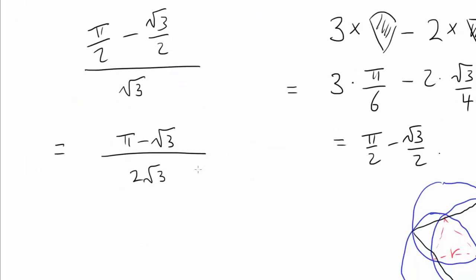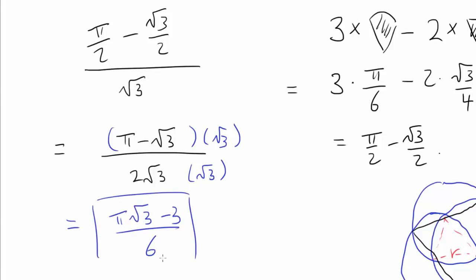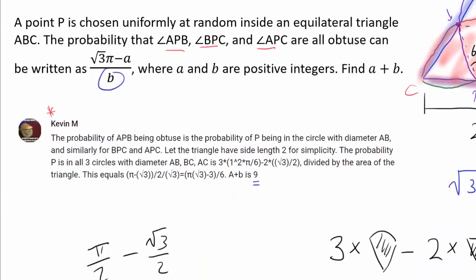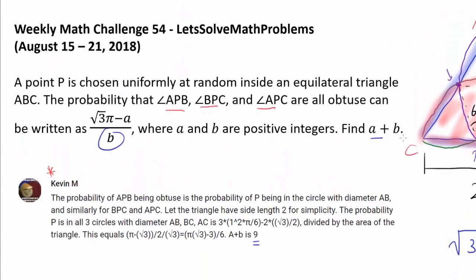So let's multiply by square root of 3 to top and bottom. And that's going to get us pi times square root of 3 minus 3, over 6. So this is a and this is b. We have a of 3 and b of 6. So we know a plus b is 3 plus 6, also known as 9.